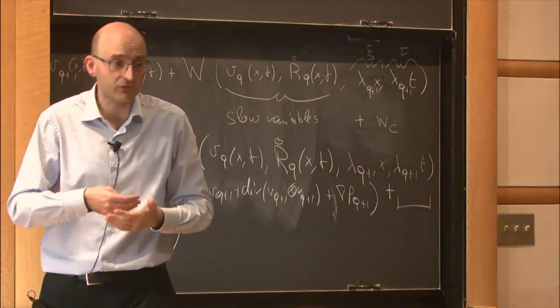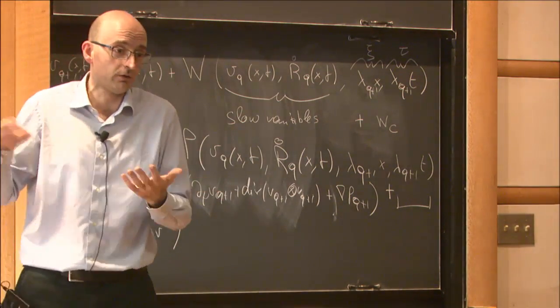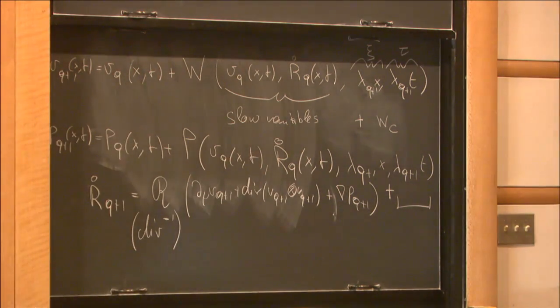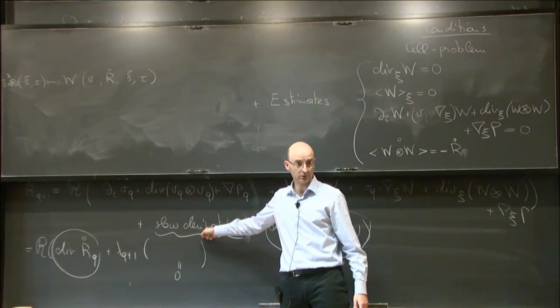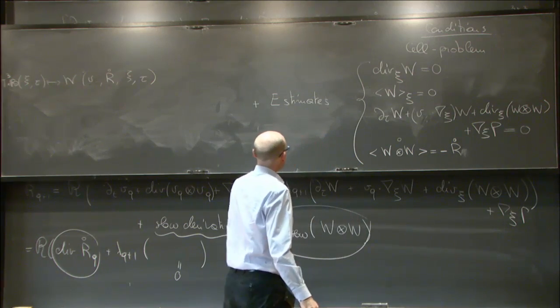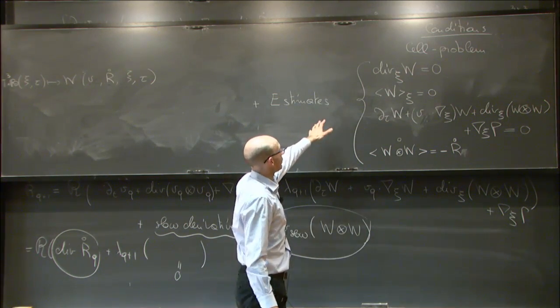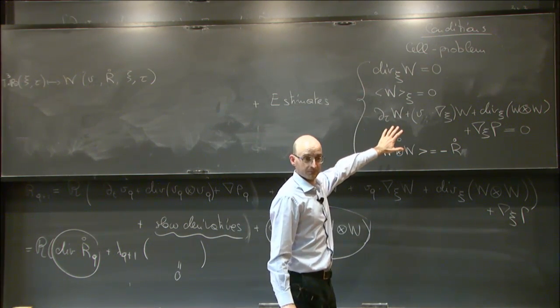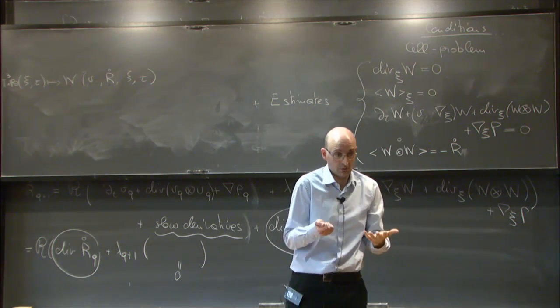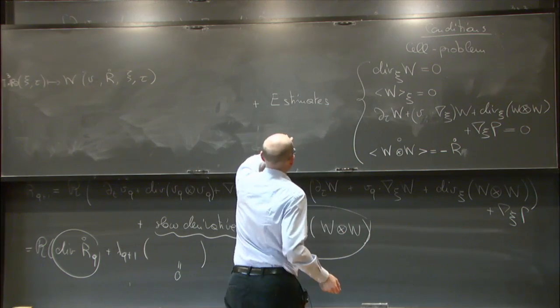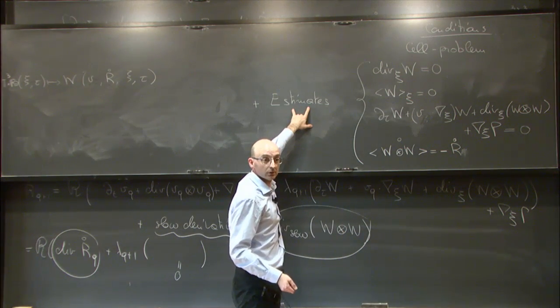And if those derivatives are too big, then my promise that the error term over here is small when I invert the divergence is not correct anymore. Okay? So why am I saying this? I'm saying this because if you just want to solve this system and get these prescriptions, you can actually do it. But if you want to keep correct estimates, then you cannot.